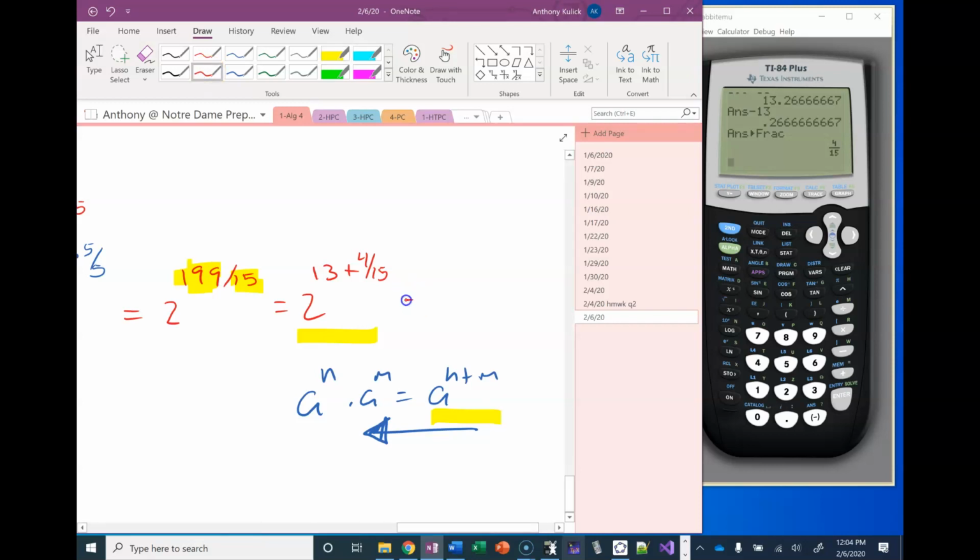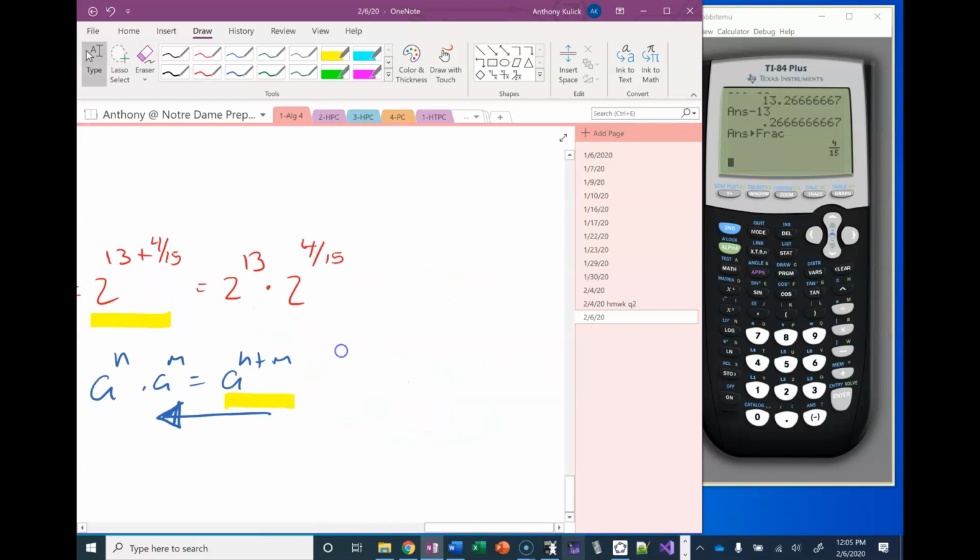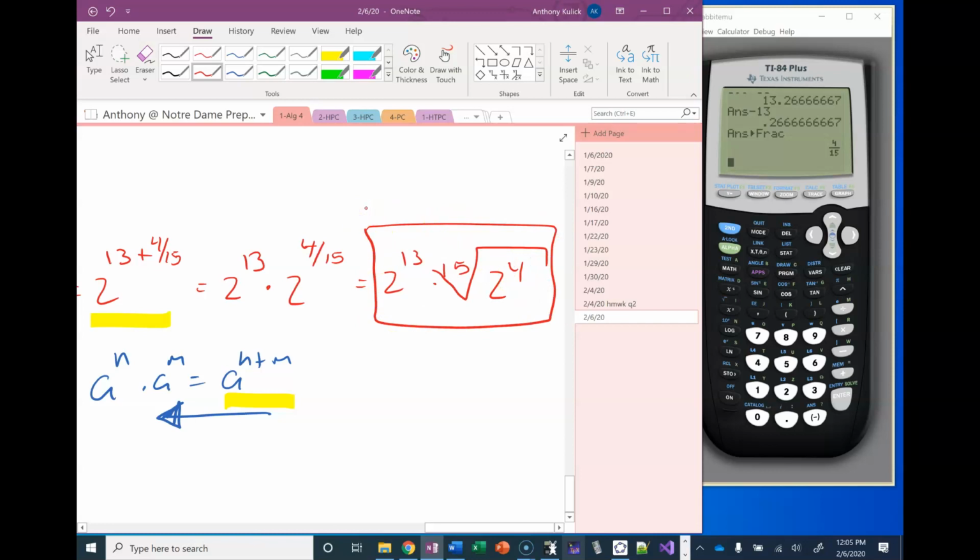So I'm going to use that property to write this as 2 to the 13th times 2 to the 4/15. Can you guys see that? Okay. So now when I convert this back into radical form, I have 2 to the 13th times the 15th root of 2 to the 4th.